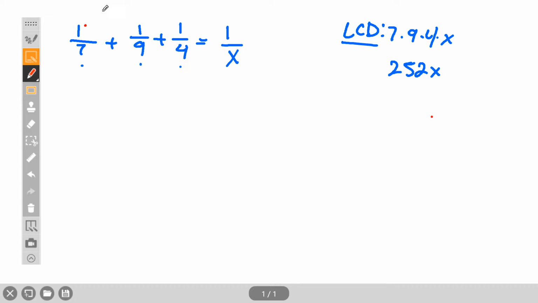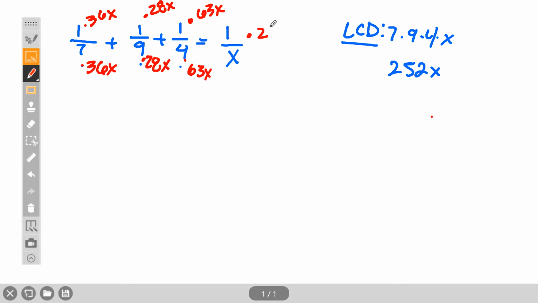So this gets multiplied by 36x, because it gets multiplied by 9 and 4 and x. This gets multiplied by 28x, because it gets multiplied by 7 and 4 and x. This gets multiplied by 63x, because it gets multiplied by 7 and 9 and x.